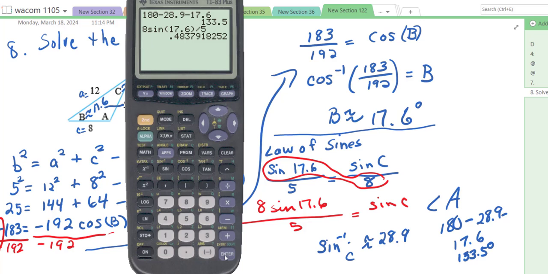Enter. All right. And then I did sine inverse. So second sine inverse, and I dumped all that in.